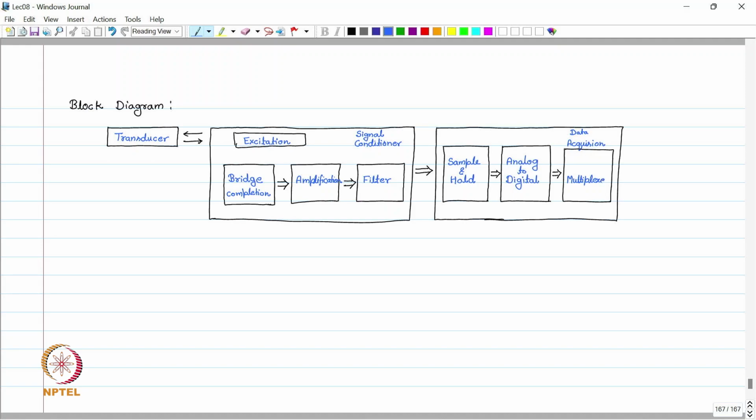This is the multiplexer, and after this stage the data is sent for further stages for processing, recording or display.